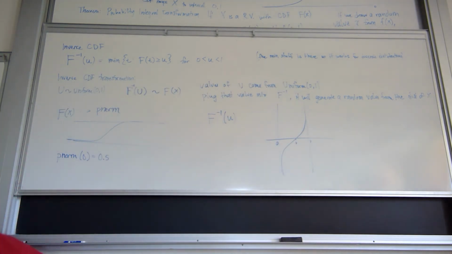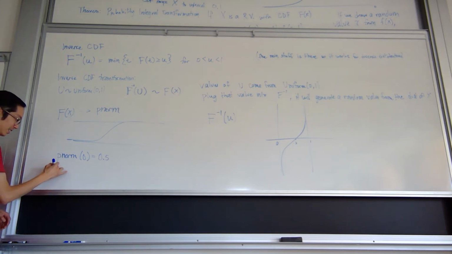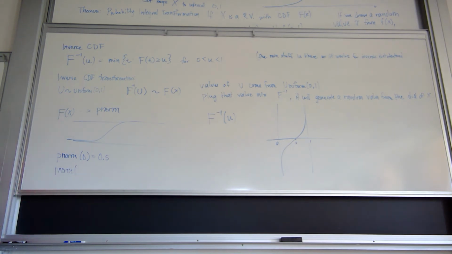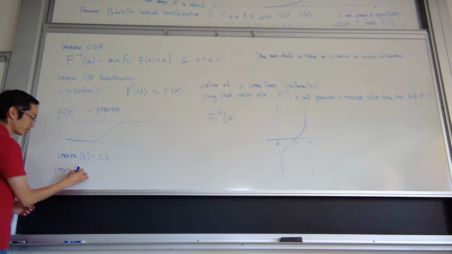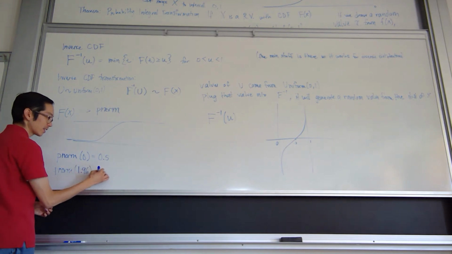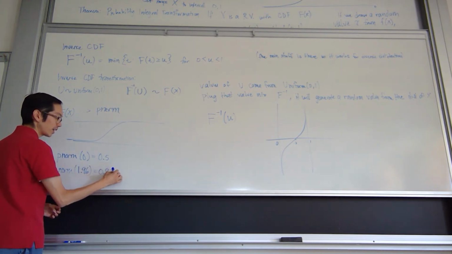So what is pnorm of 1.96? pnorm of 1.96 should be 0.975, right?